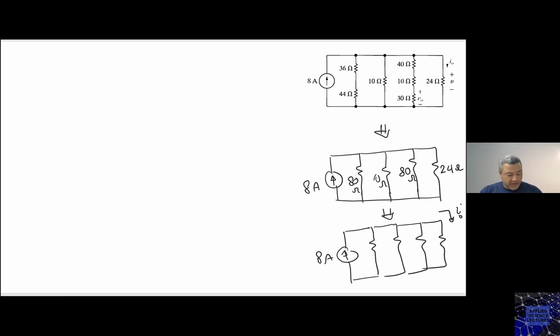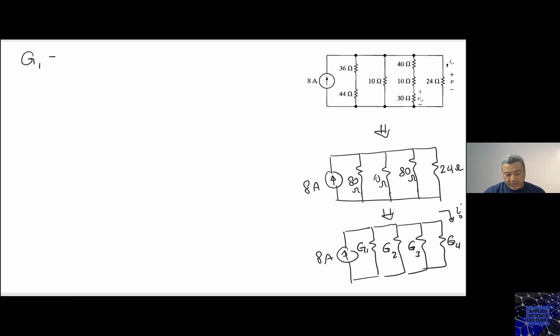So the conductance here, 1 over 80, is 0.0125. I will put G1, G2, G3, and G4 and calculate those G's here.